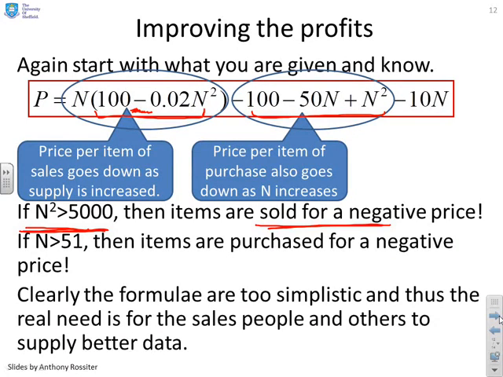And so clearly the formulae that you've been given are not valid for large values of n. They are too simplistic. Thus in this particular case, you're going to go back to your salespeople or others and say, this data is rubbish. How do you expect me to optimize the number of sales if you give me rubbish data? Please come back with some better formula.